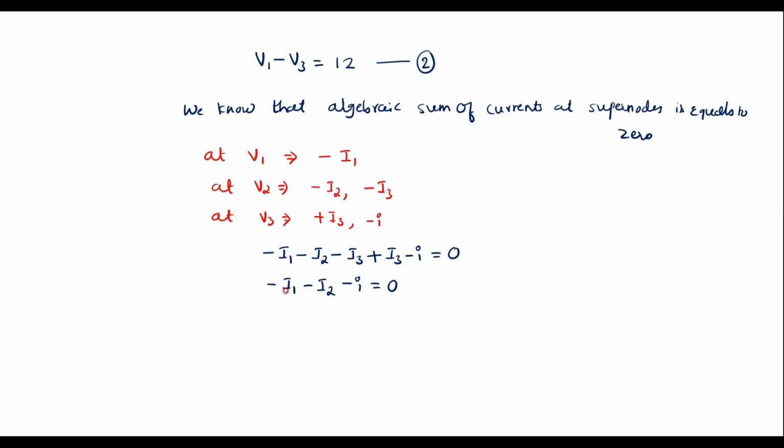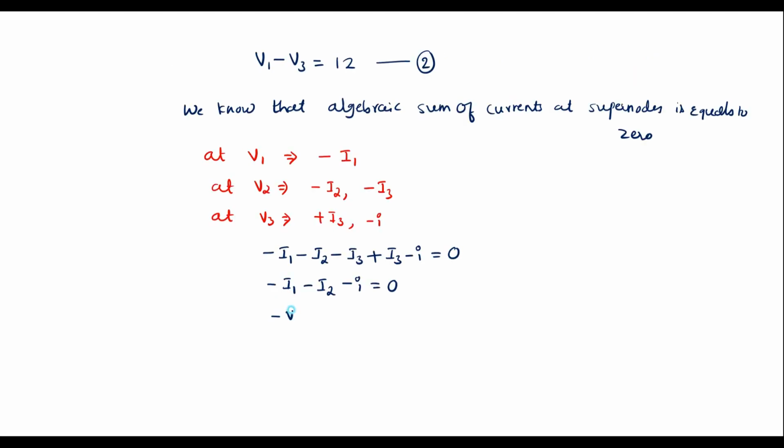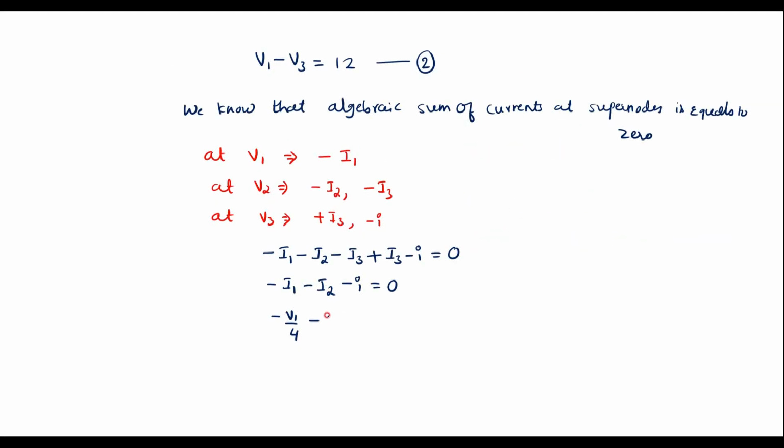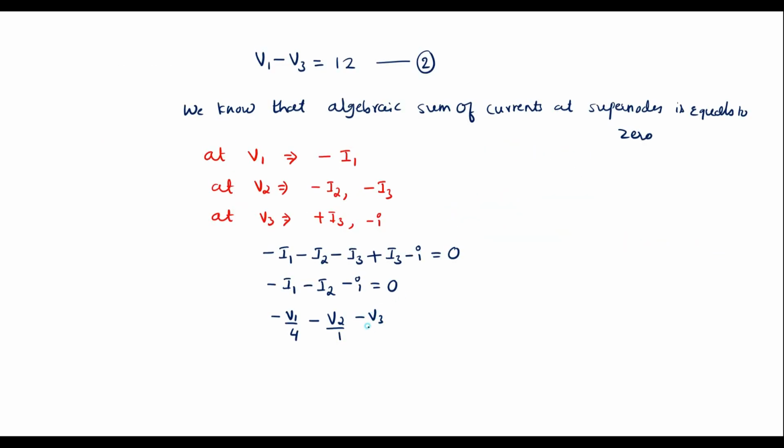Now we need to express these currents in terms of node voltages. I1 can be represented as V1 by 4, so minus V1 by 4. I2 is nothing but V2 by 1, and I is V3 by 4, so minus V3 by 4 is equal to 0.